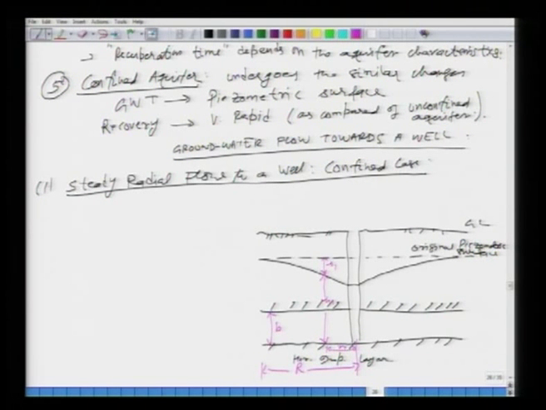And similarly, at any other distance, these things are S2 and H2. Okay. And this is at a distance of R2. And at any general distance, let us say at any R, these things are H and S. Okay.